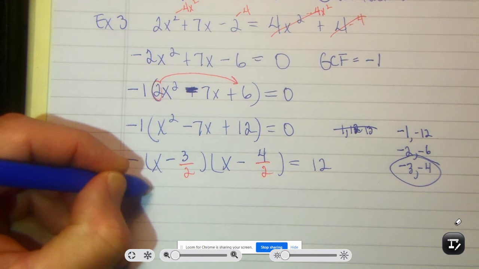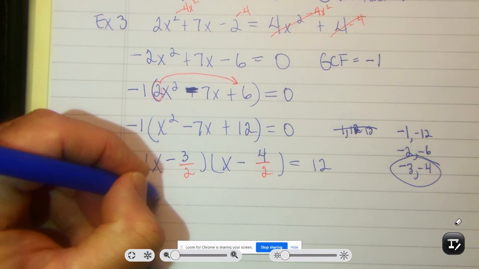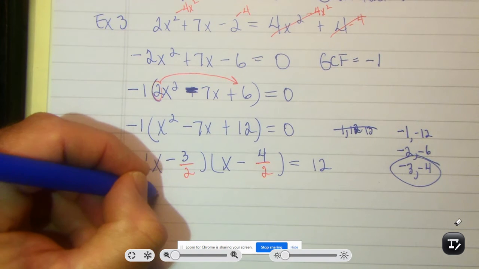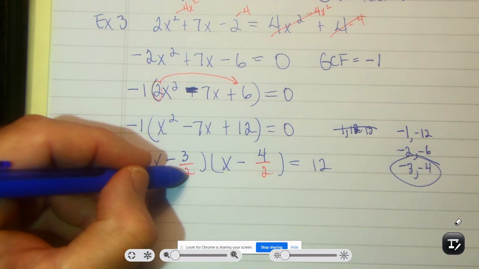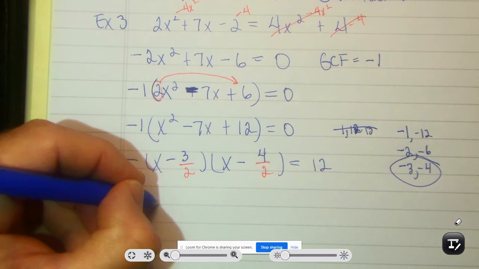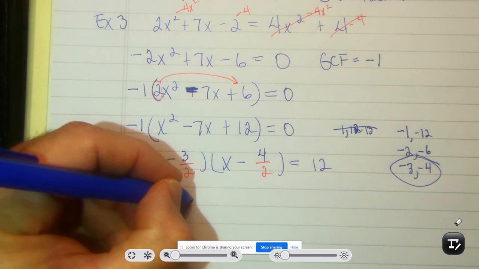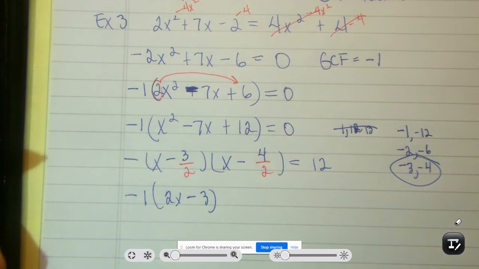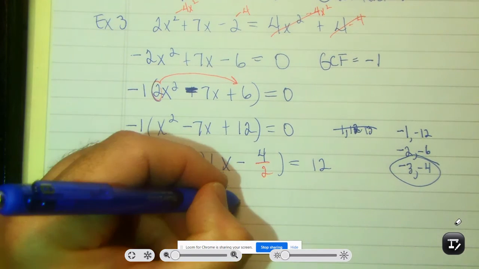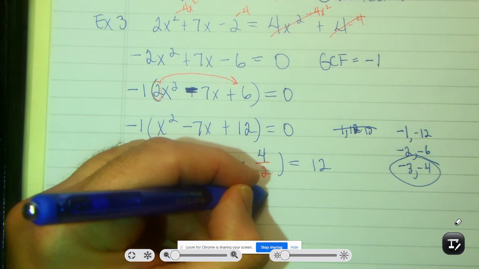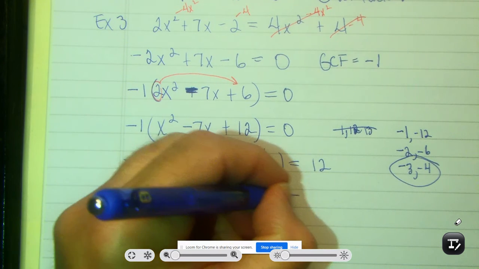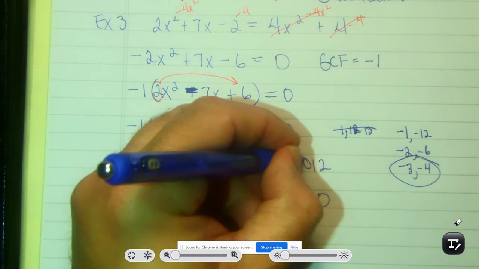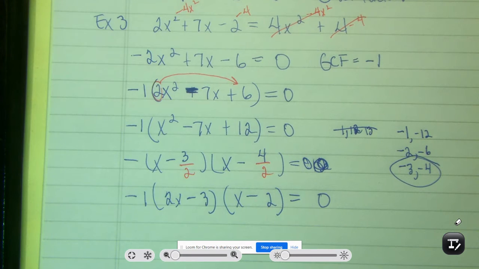All right, so I've got a -1, and I can simplify x minus 3 over 2 by multiplying through by 2. So this will be 2x minus 3 here, and x minus 4 divided by 2 is x minus 2 there, and that equals 0.